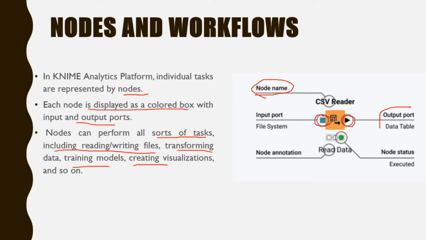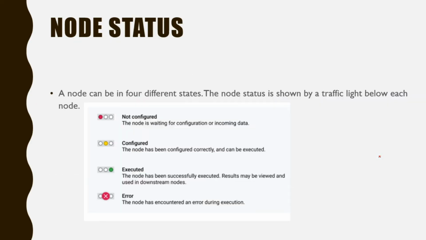Probably this data table will be the output for this CSV file, and file system will be the input for the CSV file, and the node annotation will have three to four statuses that could be visualized. We'll be learning the status in our next slide. So this green signifies this node got executed successfully. So that is all about the node and the workflow.